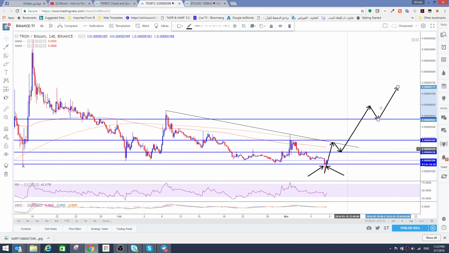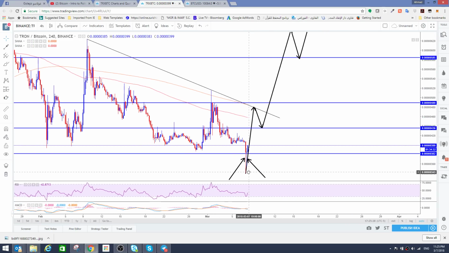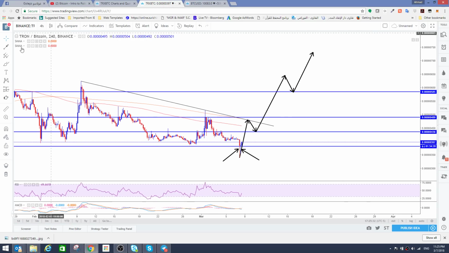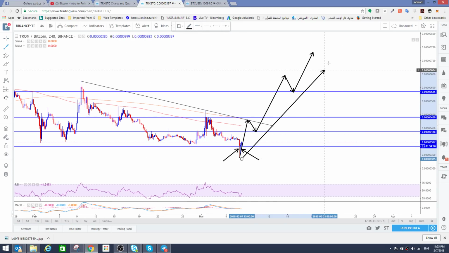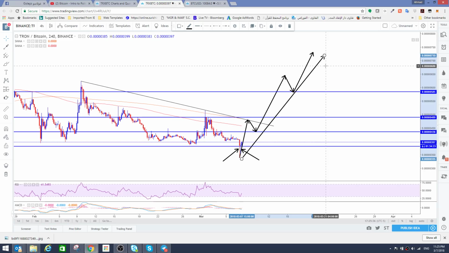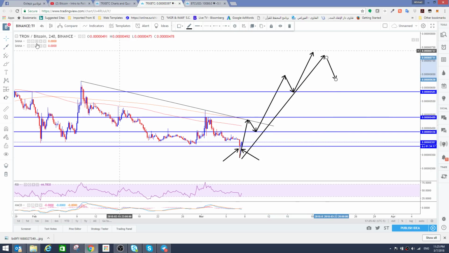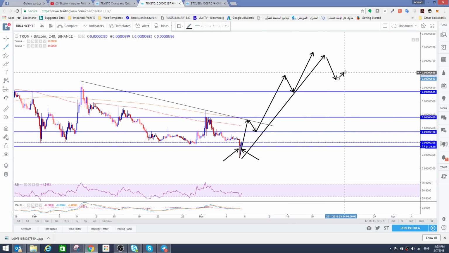All of this from here to here is wave 1 out of 5. So if you want to draw it on a big scale, from here to here is wave 1. Then it will do 3 waves like this. I'm just drawing to show you that it will not move so quickly.